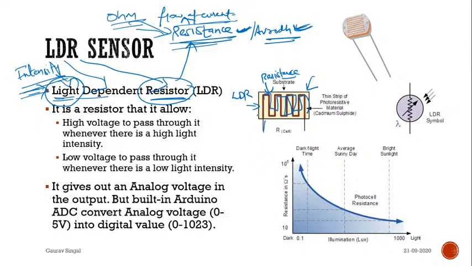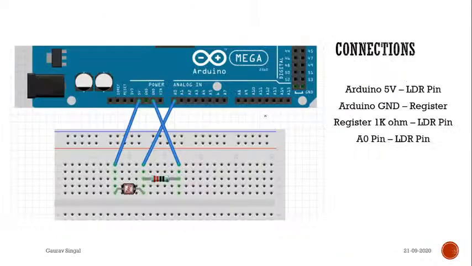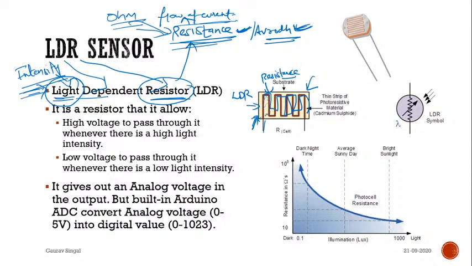And if the light intensity is low, then less current will flow. So you can clear this example.